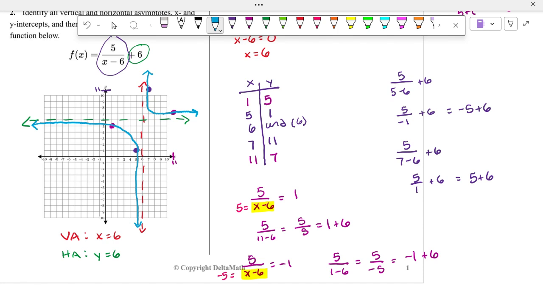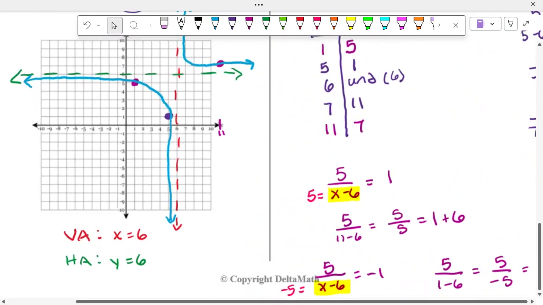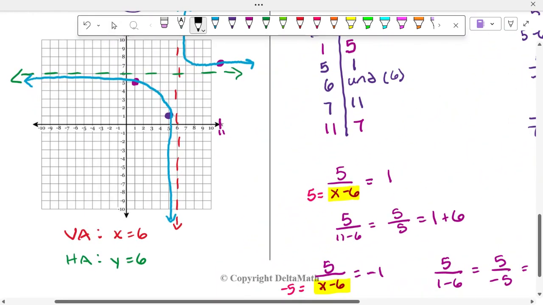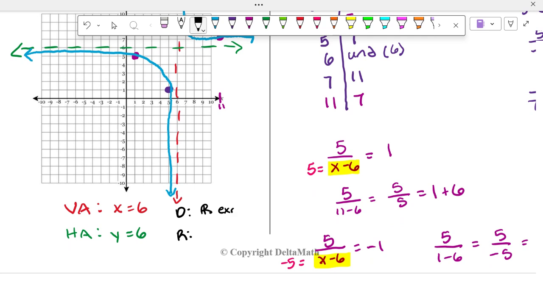All right. Okay, so before we get into reviewing, one last thing. Domain and range. What's the domain of this graph? Except x cannot equal 6.